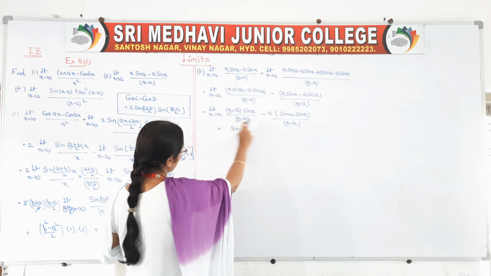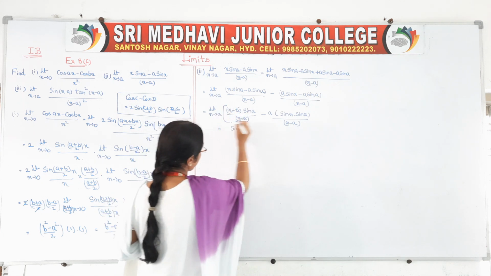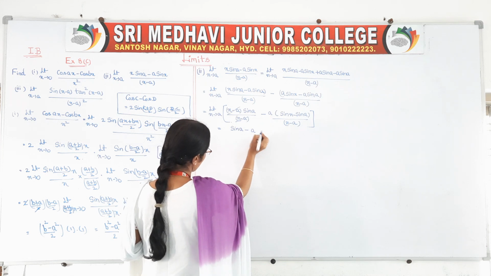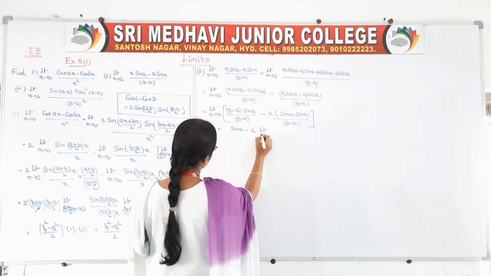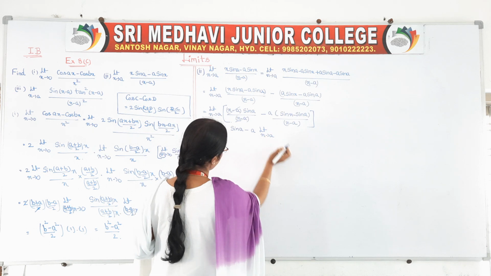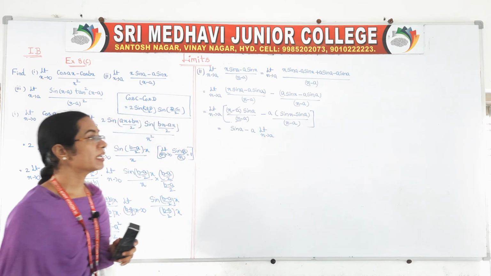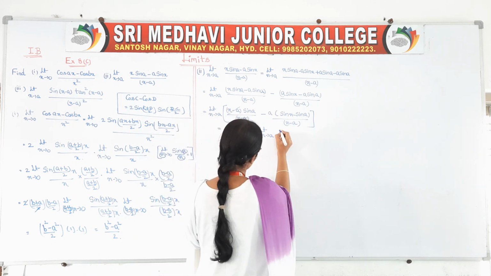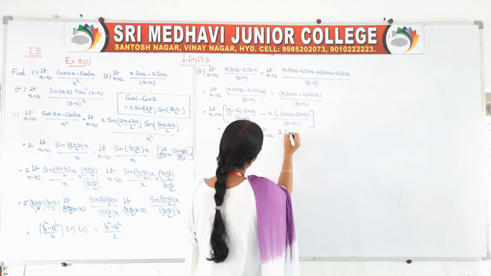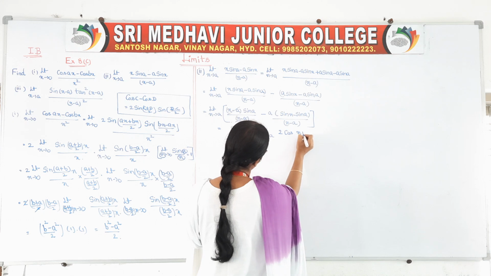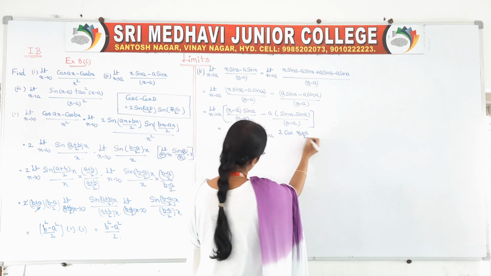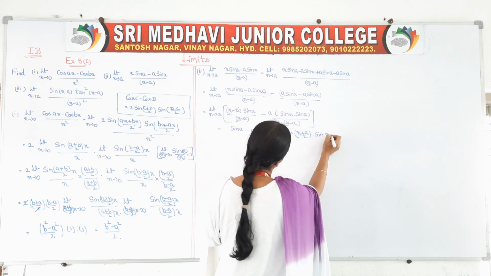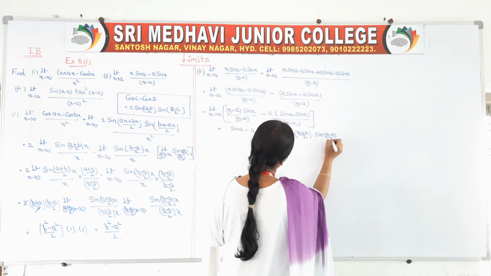So now limit is applicable for this one. Here a is constant, we will write it outside of the limit x tends to a, and sin c minus sin d form. Sin c minus sin d is equal to, what is the formula? 2 cos of c plus d by 2, x plus a by 2, into sin of c minus d by 2, that is x minus a by 2.